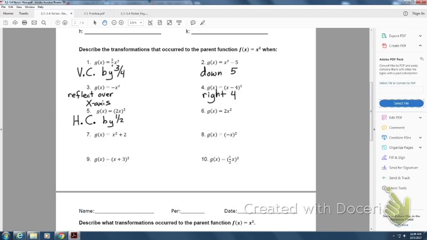Ty, number 6, what would that do? Vertical stretch. Zoe, number 7. It will go to the right, no, to the left. Is it in parentheses? Oh, no, so is it down?